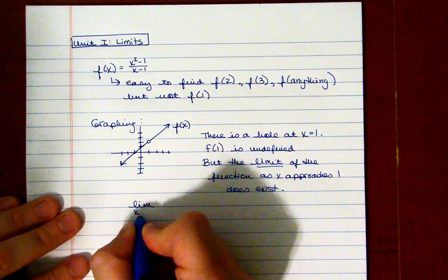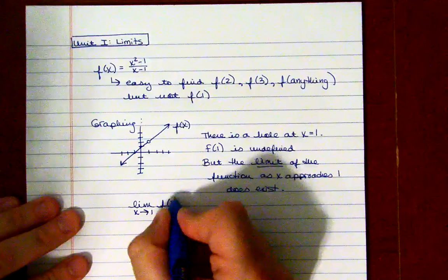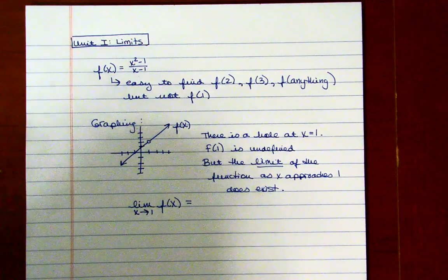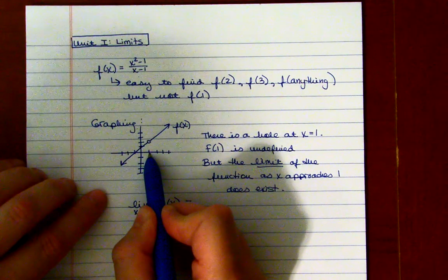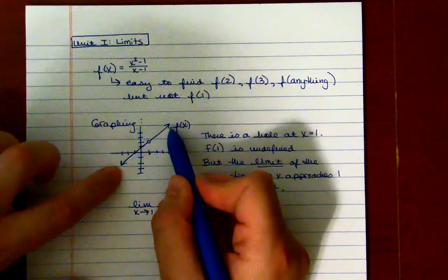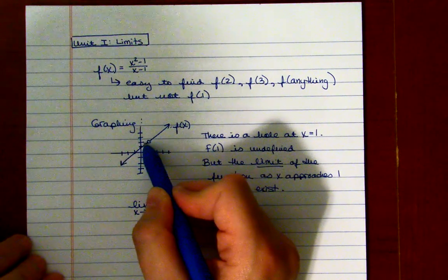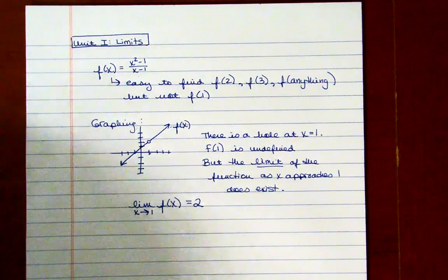I want to show the limit as x approaches 1 of that function, f of x. And again, what I'm thinking about here is as my x values are getting really close to 1, just not right at 1, what are my y values getting really, really, really close to? Looks like those y values are getting really, really close to a height of 2. And therefore, I'm going to say the limit as x approaches 1 of f of x equals 2.